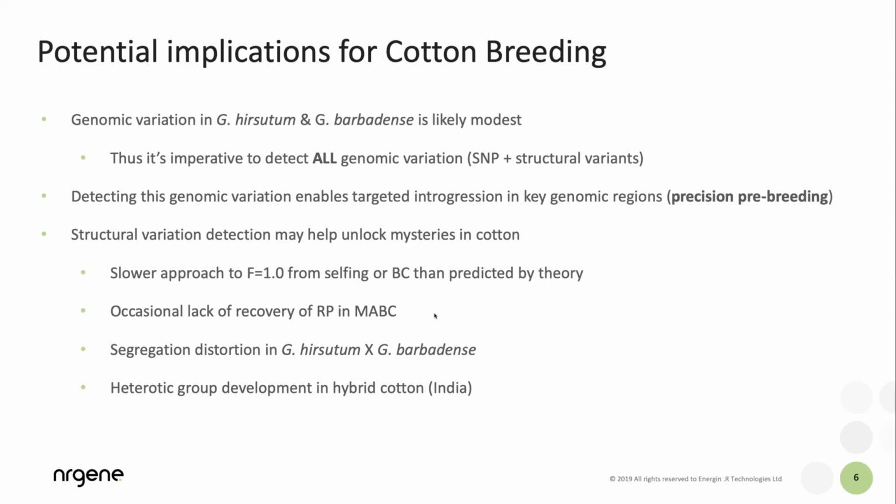My 30+ years of working in cotton, in some genetics backgrounds and some germplasm, approaching homozygosity from selfing or backcrossing may be slower than is predicted by theory. This has always been a mystery. Is recombination and structural variation in certain genomic regions a factor here?